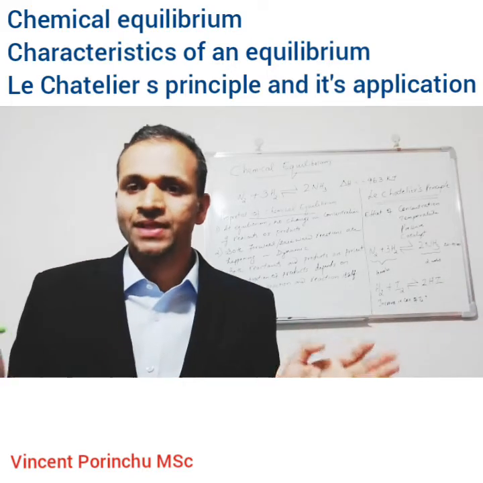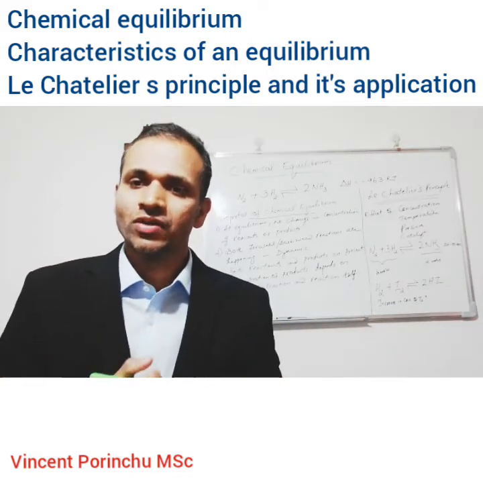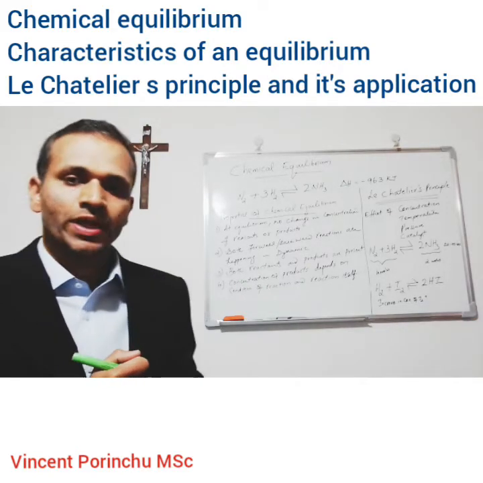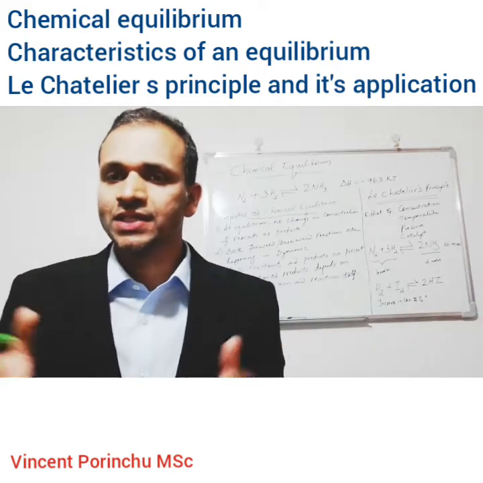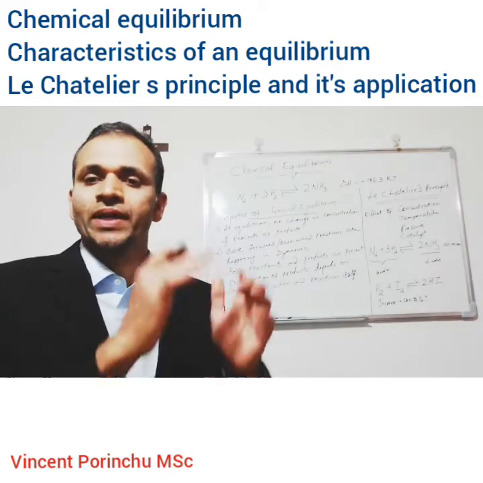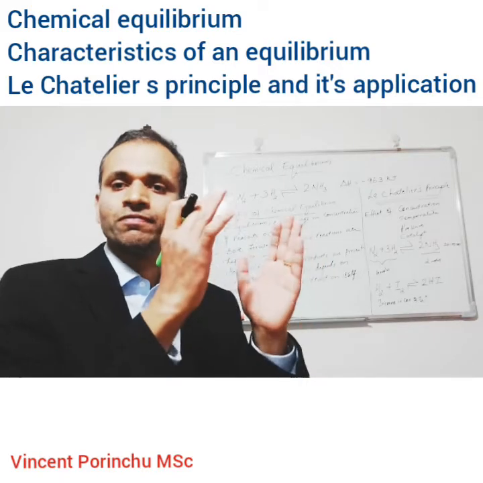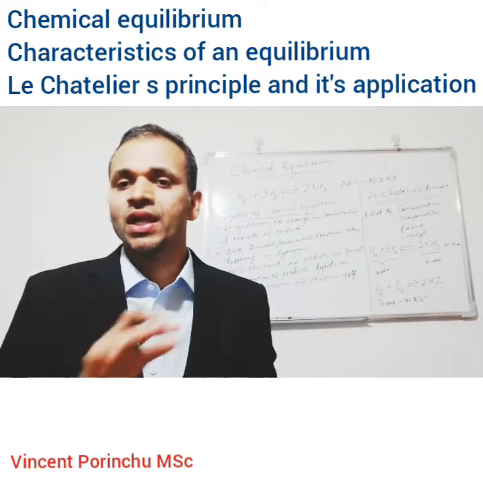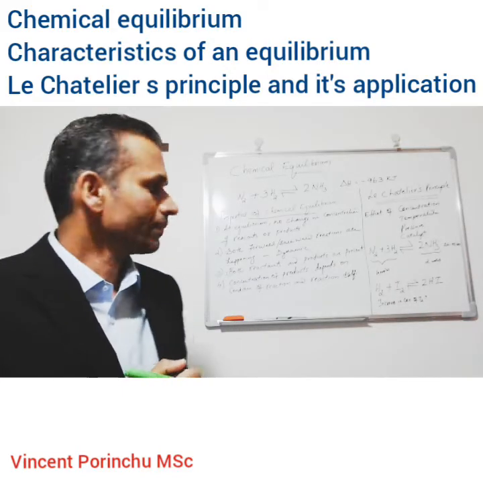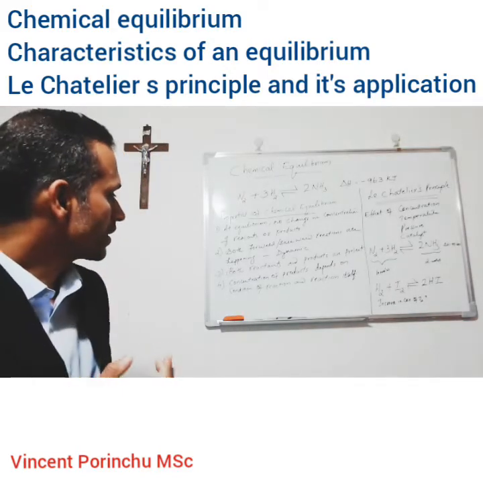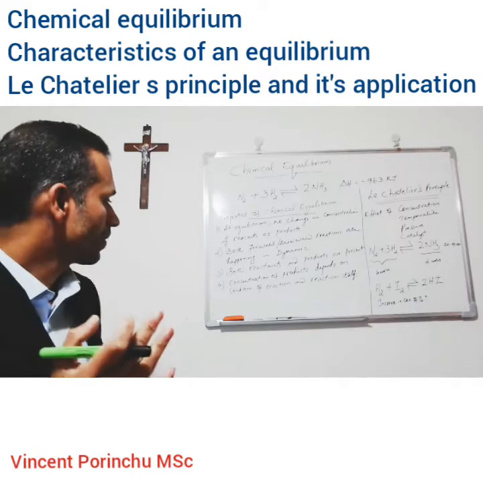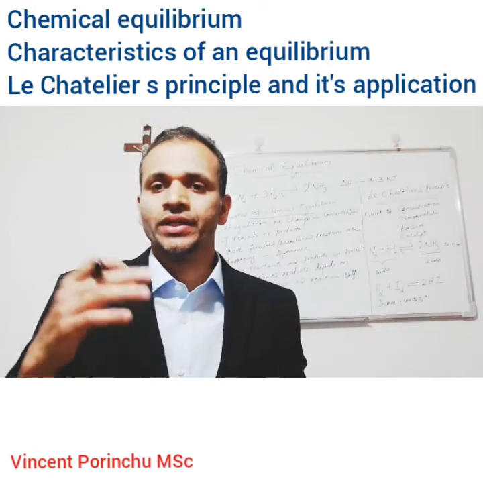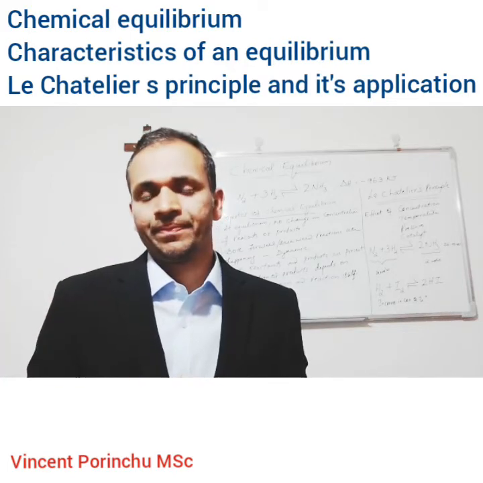They have not stopped, which is why we call it dynamic in nature. The third point is that reactants and products are always present in the equilibrium. A certain amount of reactants and a certain amount of products will remain all the time. And the fourth point is that the concentration of products depends on the conditions of the reaction and the reaction itself.